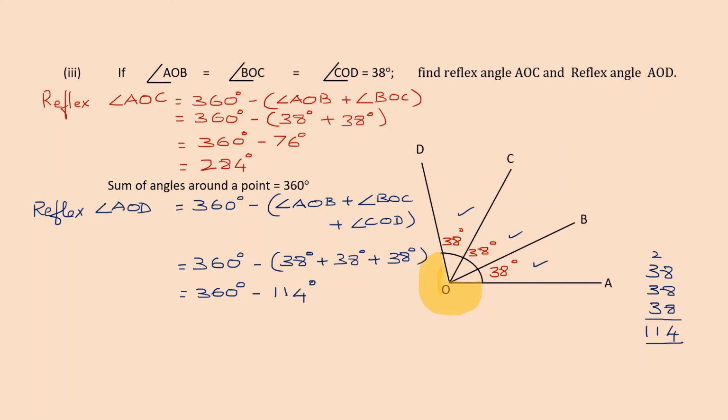So let's do that subtraction. 360 minus 114. 0 minus 4, so I'm going to borrow. This becomes 10. 10 minus 4 is 6. 5 minus 1 is 4. And 3 minus 1 is 2. 246. So reflex angle AOD is 246 degrees.